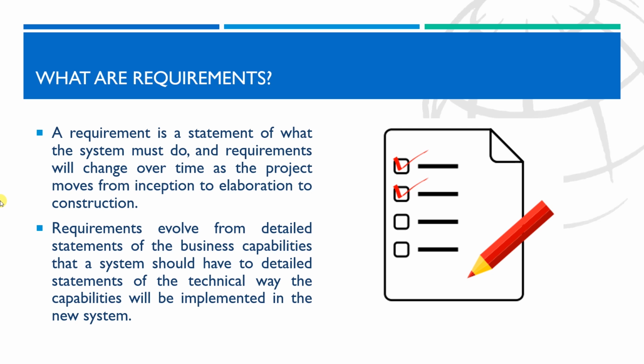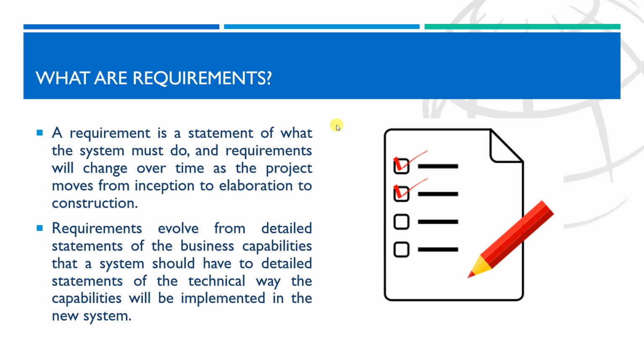A requirement is a statement of what the system must do, and requirements will change over time as the project moves from inception to elaboration to construction. Requirements evolve from detailed statements of the business capabilities that a system should have to detailed statements of the technical way the capabilities will be implemented in the new system.